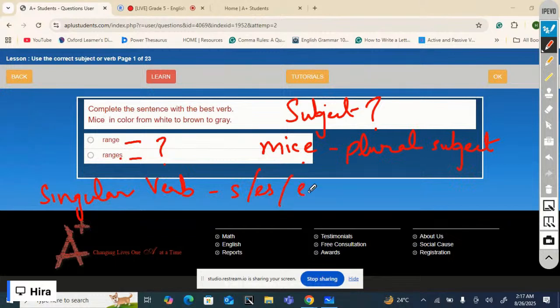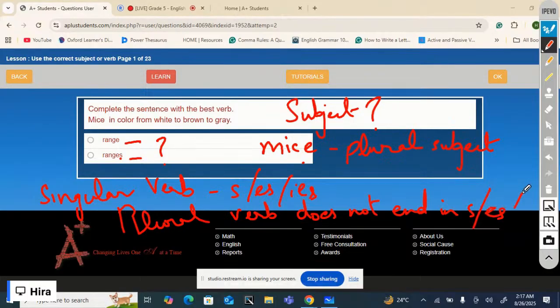Singular verbs end in ES or IES. What about plural? A plural verb does not end in ES or IES.